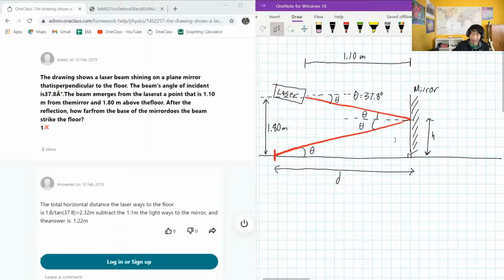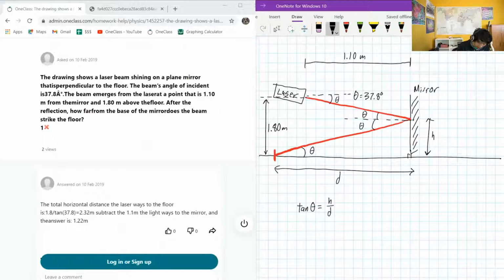I'm fairly sure this makes a right triangle. Given this is a right triangle, H and D, the relationship that they have with theta is tangent, right? So tan theta is equal to opposite over adjacent. So it's H over D.